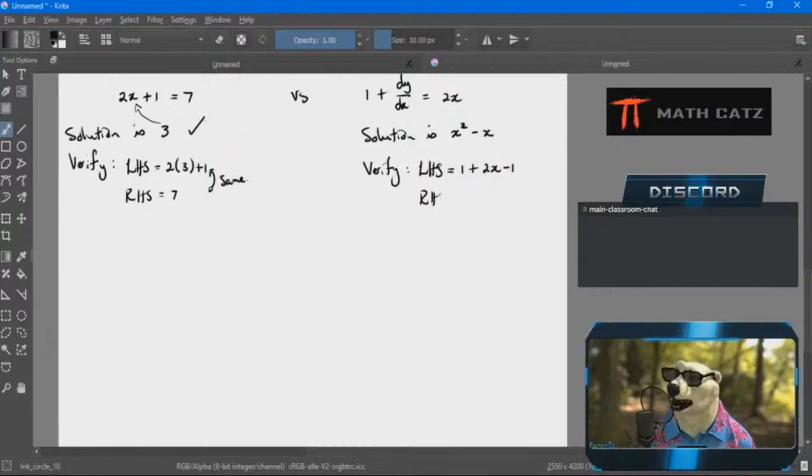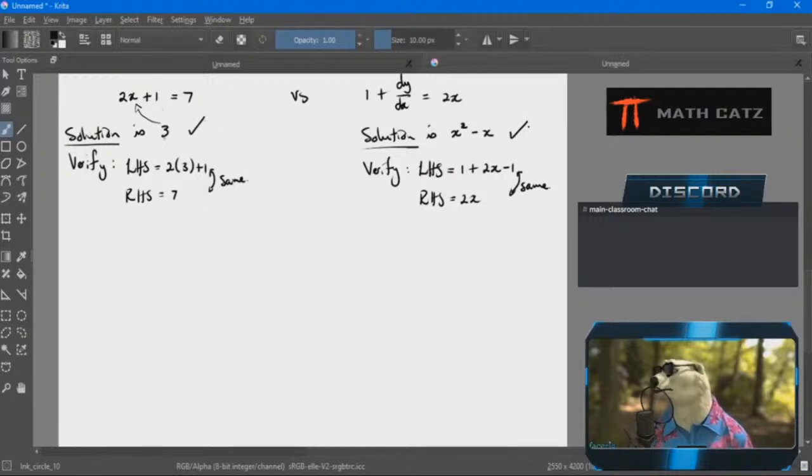The right-hand side is 2x. Remember, I'm not looking at a number value of x. My answers are functions. They are the same. Therefore, yes, it's a solution. So my approach to these equations is the same, but what I mean by solution is very much not the same.